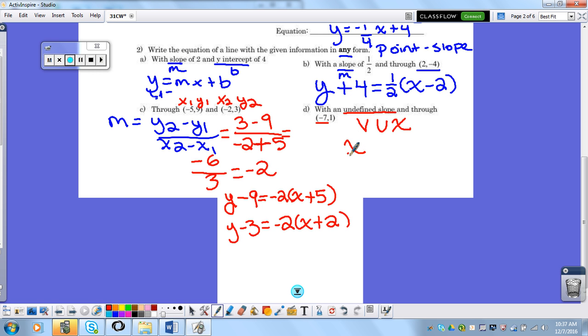So if it's an x equals equation, you want to look at your coordinate point, negative 7 and 1. Which one is x? X is negative 7. That is your solution. So if you had to look at a graph, negative 7, 1, 2, 3, 4, 5, 6, 7, positive 1, the coordinate point would be right there, and it's going to be a vertical line going through that.